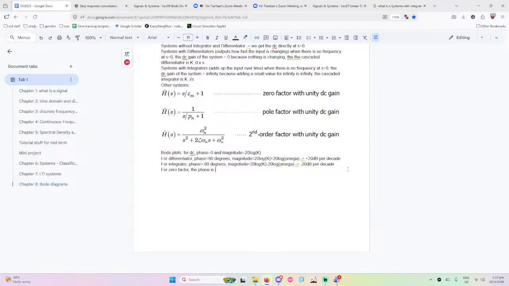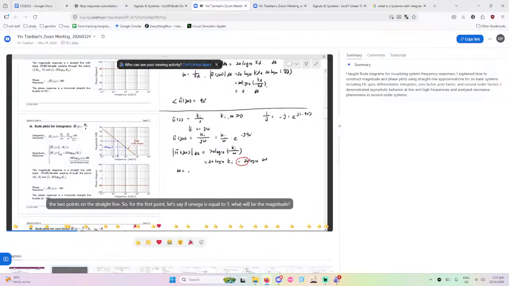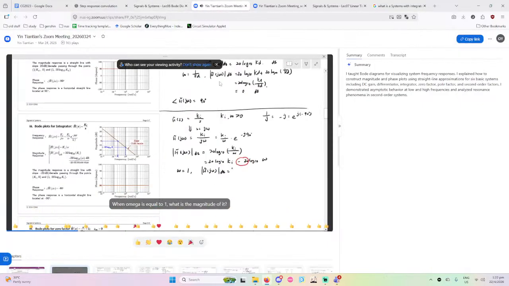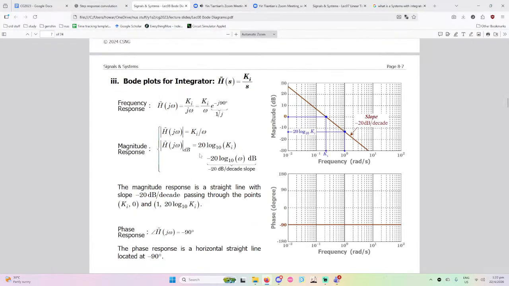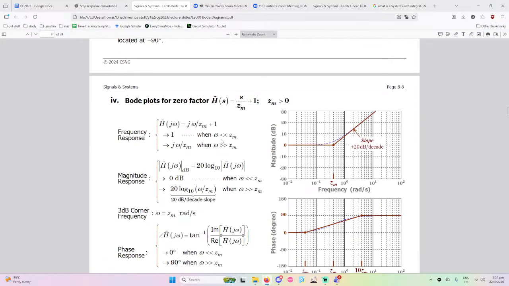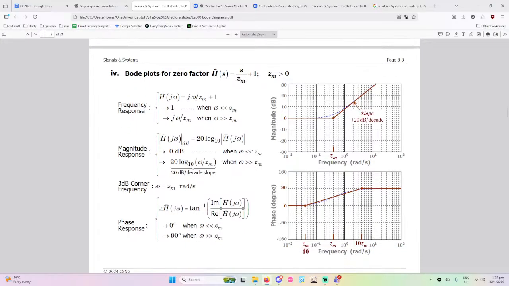Okay, now we look at two points on the straight line. For the first point, let's say omega is equal to 1. What is the magnitude of it? It's 20 times log 10 of Ki. And when omega is equal to Ki, what is the magnitude in dB?